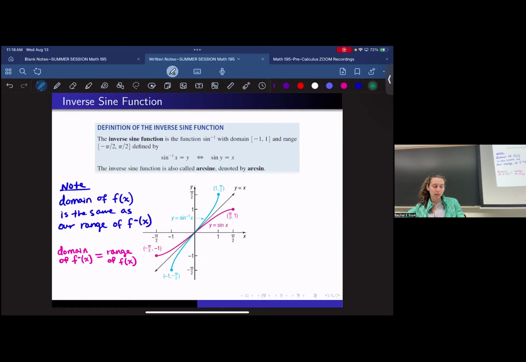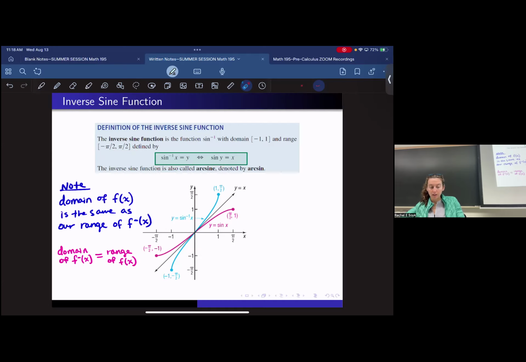And then the last thing that I want to mention on this slide is the comparison. So now that we're able to have that domain restricted to negative pi over 2 to pi over 2, then we can indeed find the inverse. So our inverse sine of x is equal to y is true when our sine of y is equal to x.